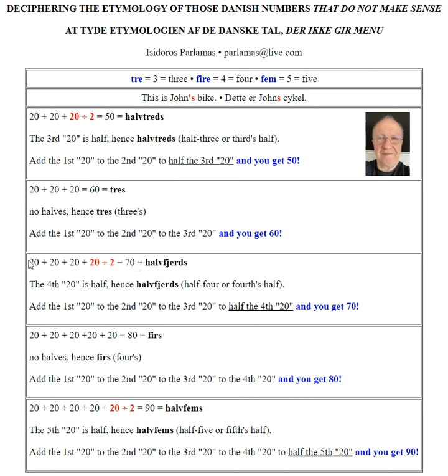So add the first 20 to the second 20, and to the sum of those two 20s the third 20, and to the sum of those three 20s the half of the fourth 20, and you get 70.